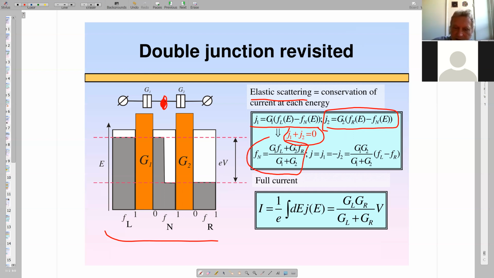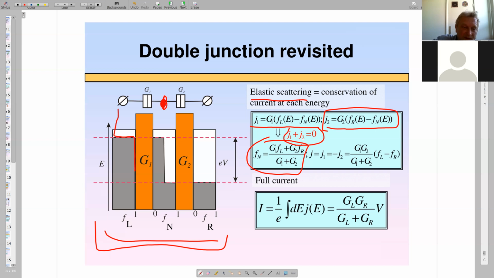I immediately get the filling factor. Look, it's a linear superposition of filling factors on the left and on the right. Coefficients are proportional to the corresponding conductances. Good. That's how I come to this plot. So remember how I plot the filling factor. Filling factor is on the horizontal axis, energy on the vertical. So I applied a voltage difference.